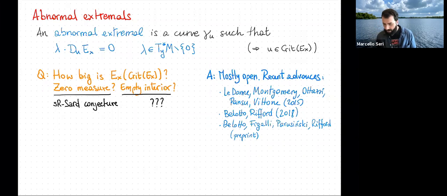A recent paper by Belotto, Figalli, Barilari and Rifford treats the step 2 Carnot group, I think, if I remember correctly. But it's mostly open, nobody knows. This is one of the big open questions, alongside the regularity of the small balls. If you can say something about this, it is a really big open question.